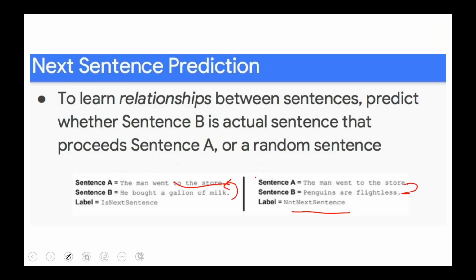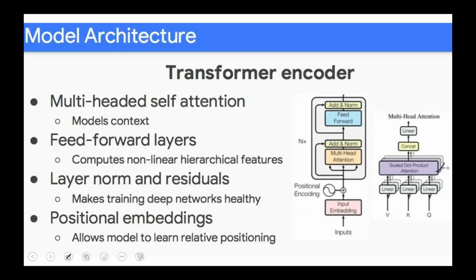So first we said we do the word embeddings. Once we have done the word embeddings, then we do the masked language model. And once it was done, then we went for next sentence prediction. So the transformer encoder is the same as the encoder part of the transformer architecture.